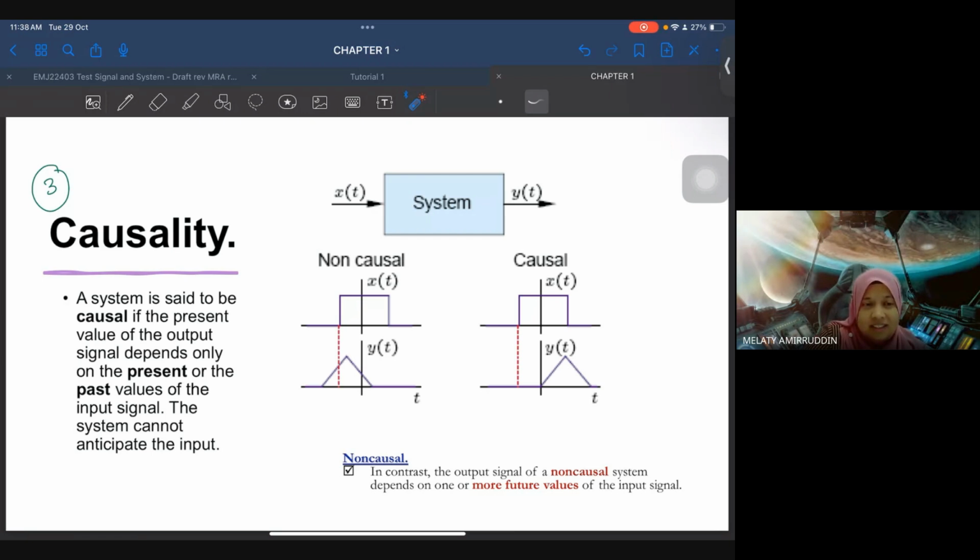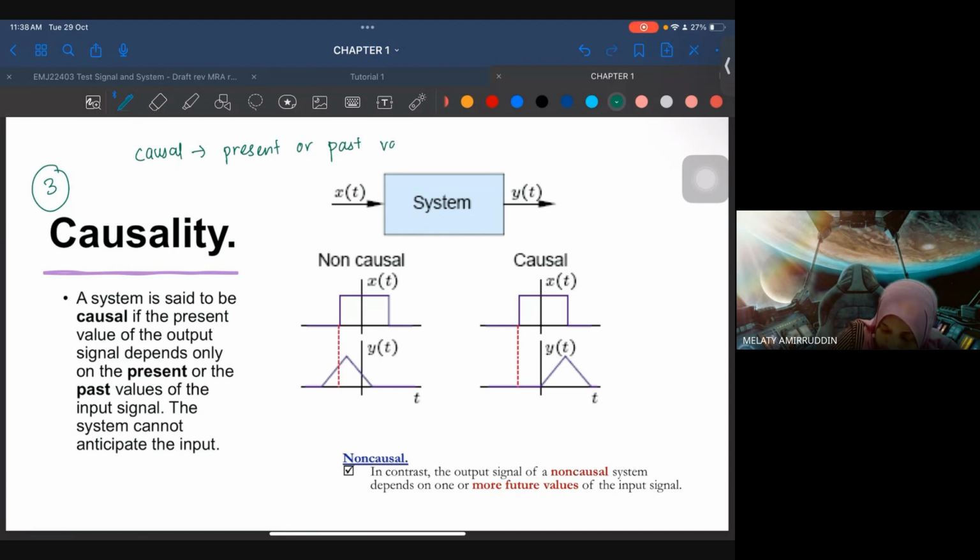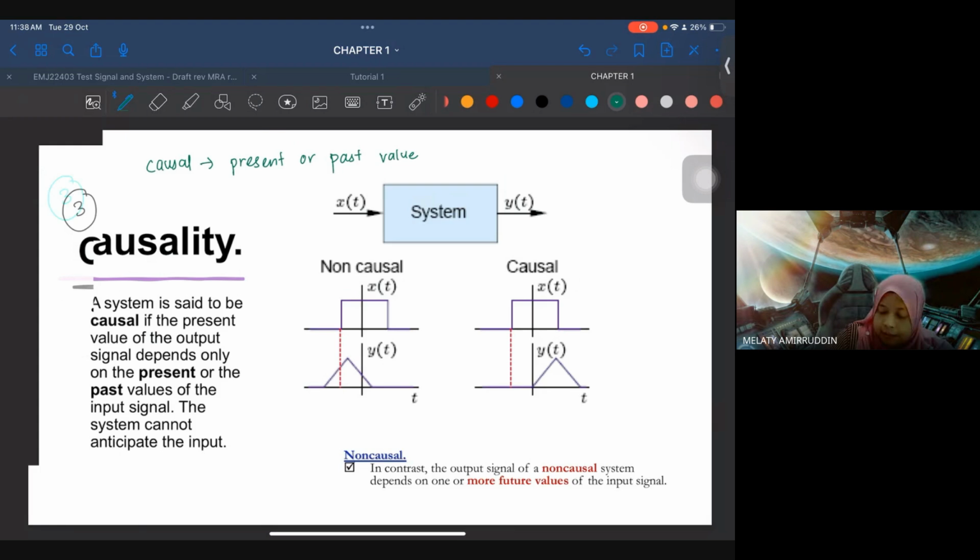Okay, a causal system, if the present value of the output signal depends only on the present or past value.